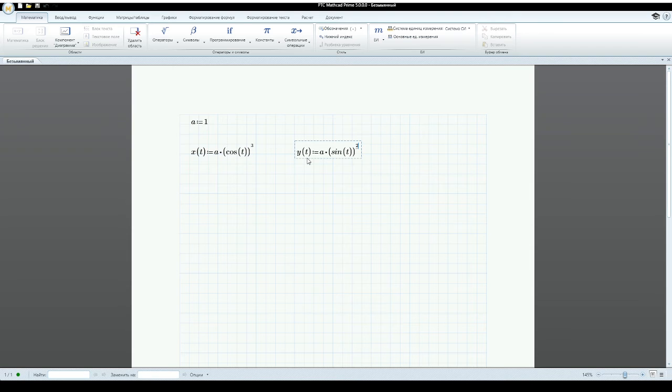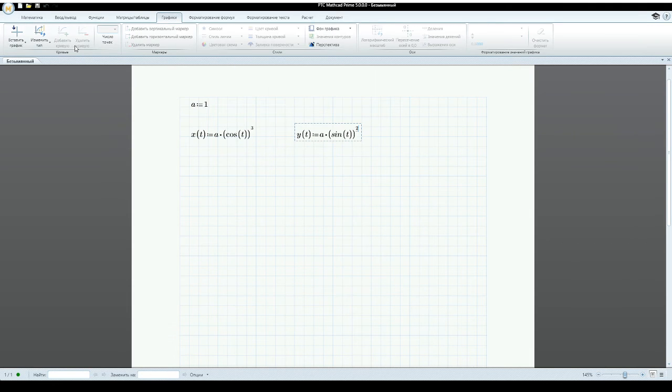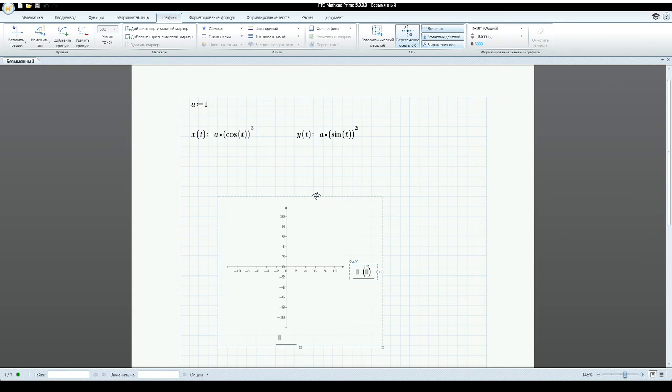I write down our equation. Then in this program I plot the graph in parametric form. Plot in parametric form.